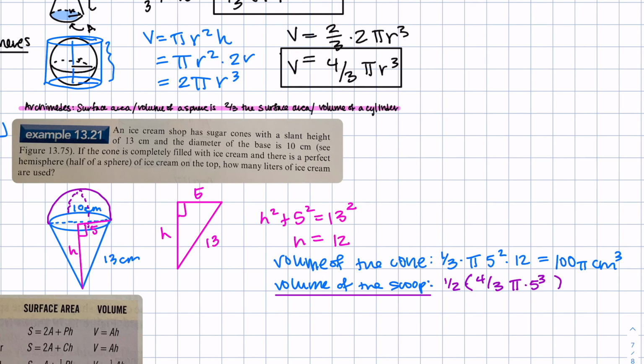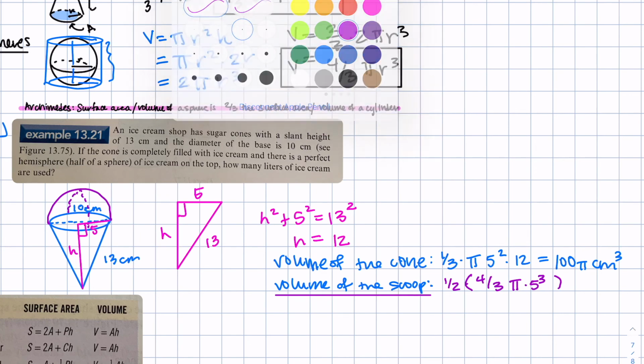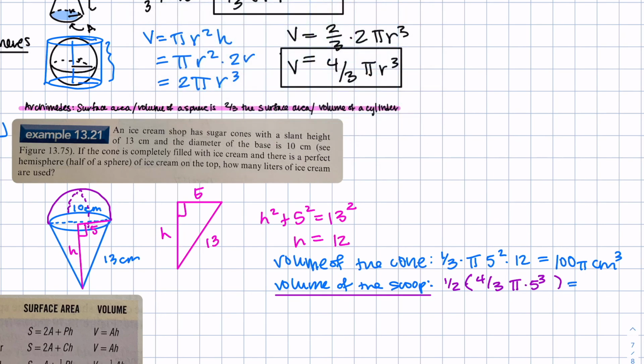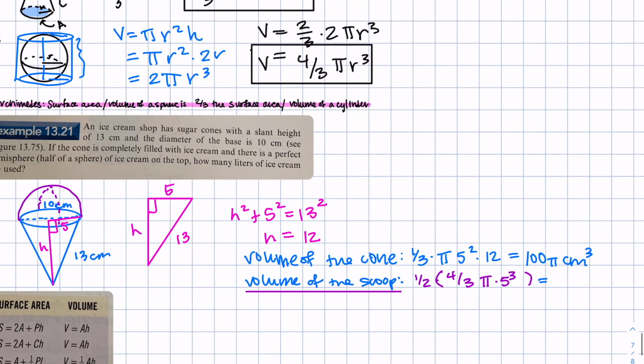So this inner piece is just the volume of the entire sphere, and then we divide by 2 to just get that half top piece, because we've already accounted for the piece of the ice cream sphere that is inside the cone. Okay, so I think if I simplify this, I should get 250 over 3 times pi centimeters cubed.